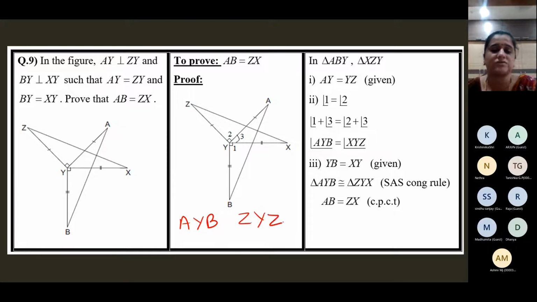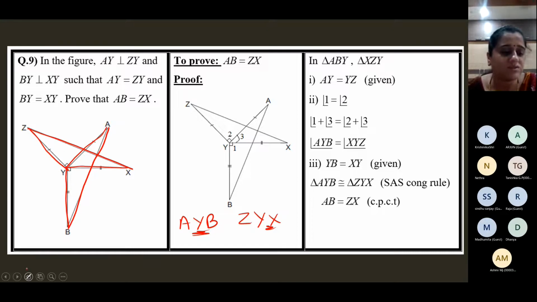ZYX, sorry, or XYZ, any order we could name it. See the triangle XYZ? And you can see here ZX. And the other triangle AYB has the side AB. So you need to take up these two triangles and show that they are congruent to each other.